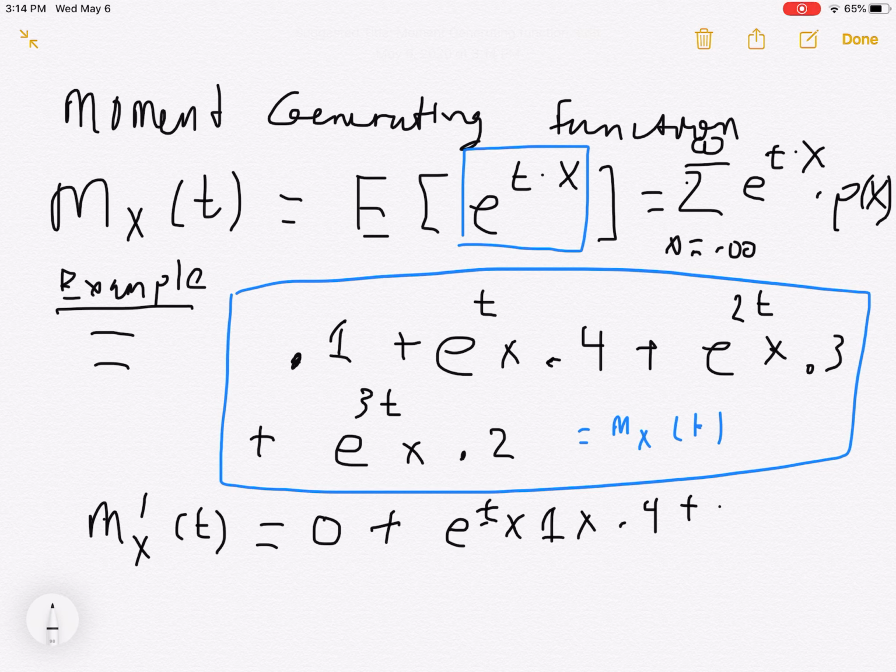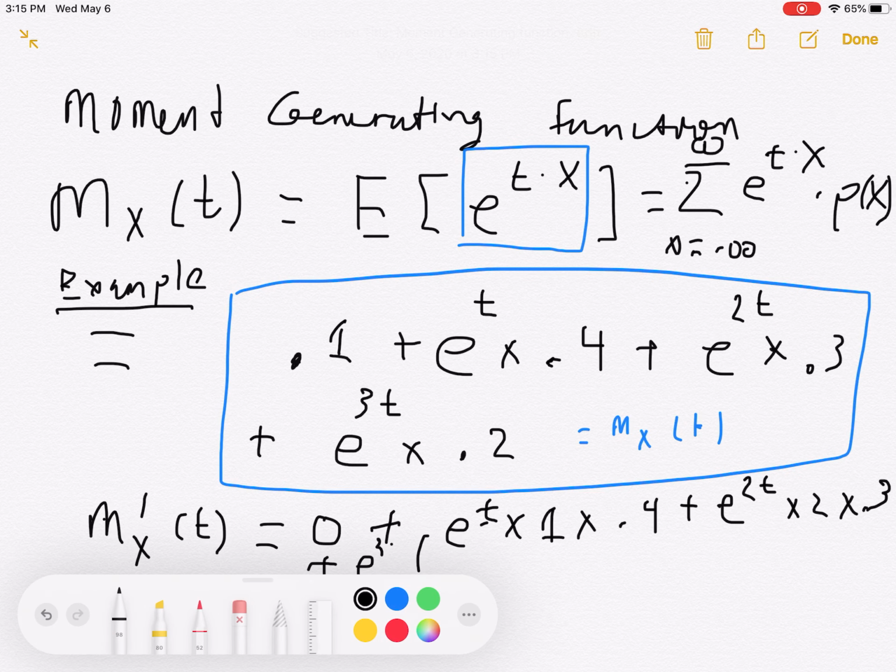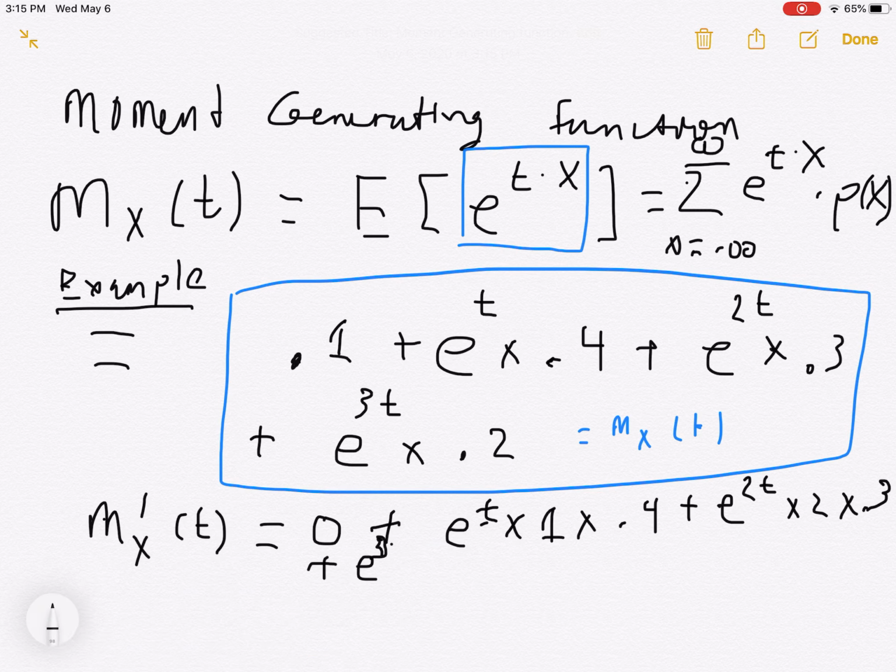Then I'm going to have e to the 2t times 2 times 0.3. Then I'm going to differentiate e to the 3t. Its derivative of the inside will be 3, using the chain rule, times 0.2.